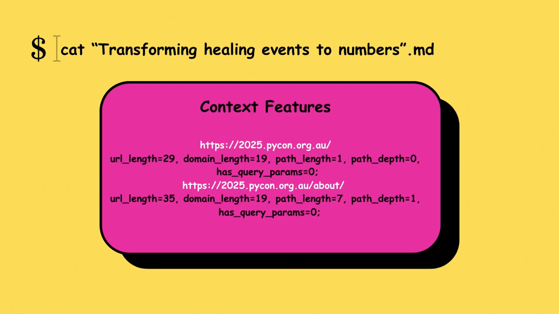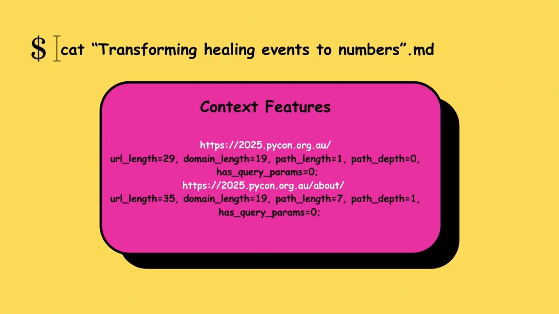In these context features, the HTML element type becomes categorical numbers where button equals 1, input equals 2, link equals 3, etc. So when healing fails on getByRole, link, name, about, the system knows it's targeting a link element and can factor that into its healing predictions.